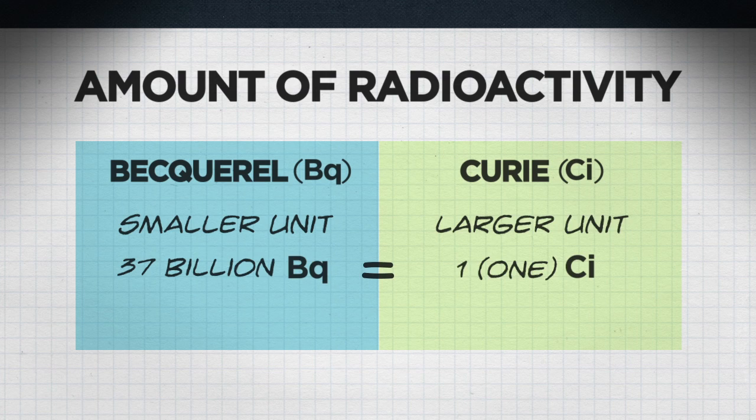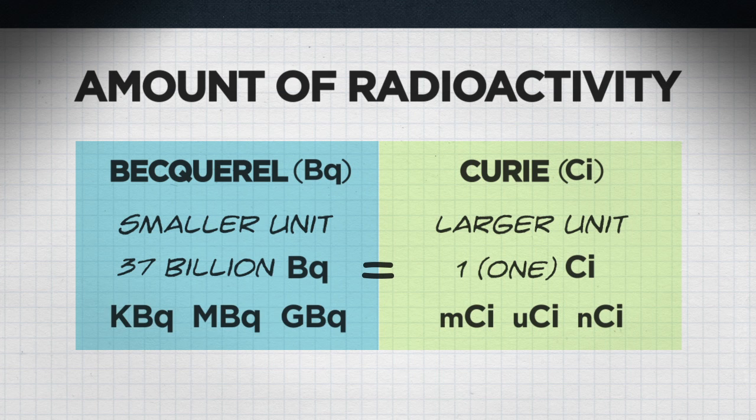So because it's so large, it's common to see not Curie, but millicurie, or microcurie, or nanocurie. And becquerel, because it's such a small unit of just 1 radioactive decay per second, it's more common to see kilobecquerel, and megabecquerel, and gigabecquerel.